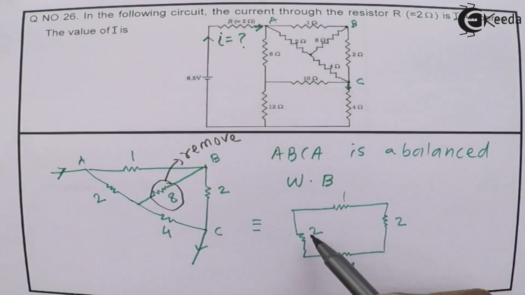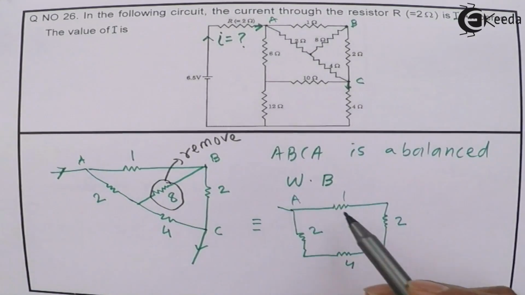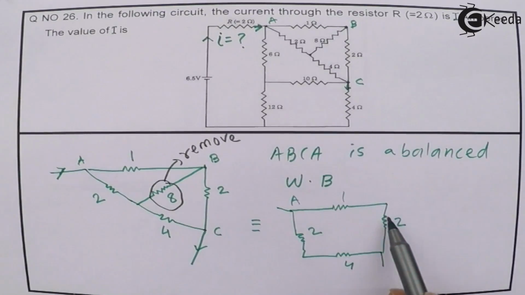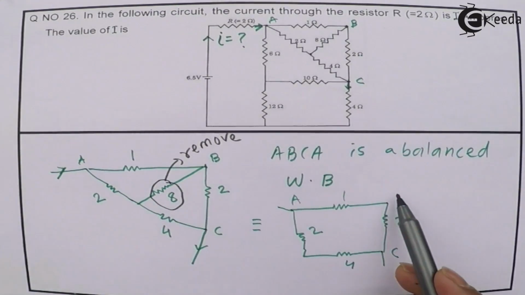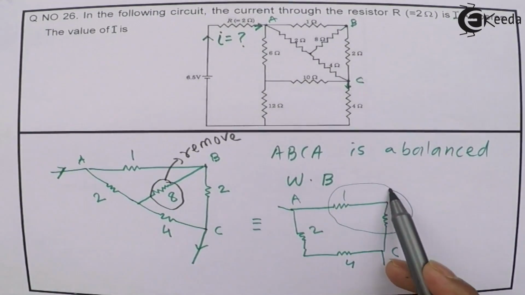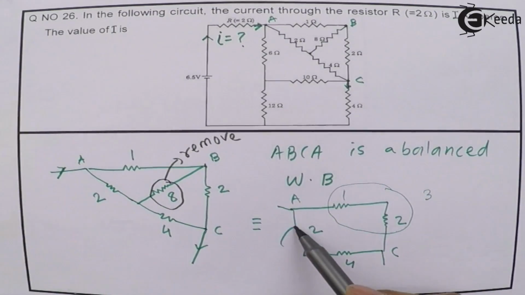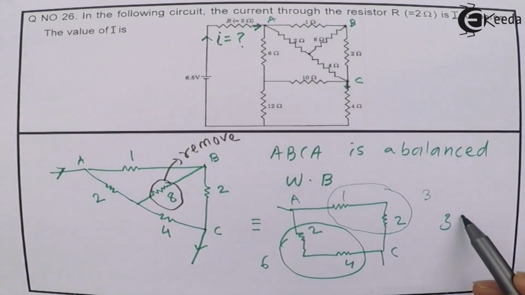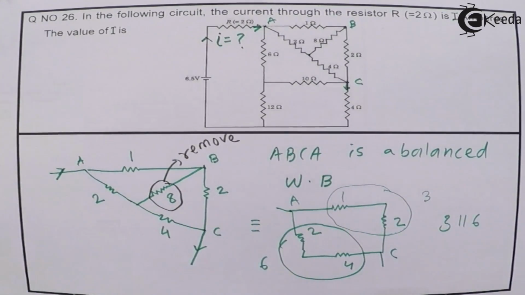This is our A and this is our C. So the upper arm is 3 and the lower arm is 6, and these two are in parallel. So 3 parallel with 6.